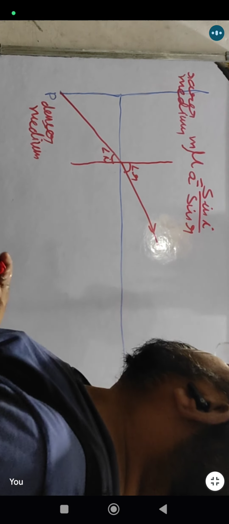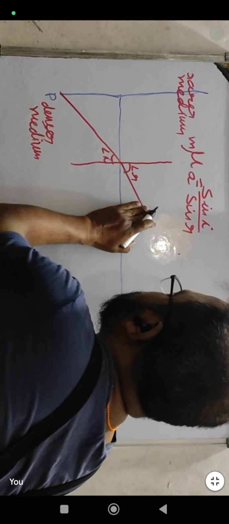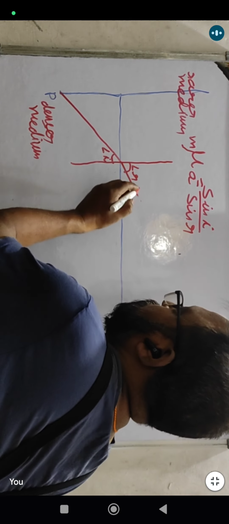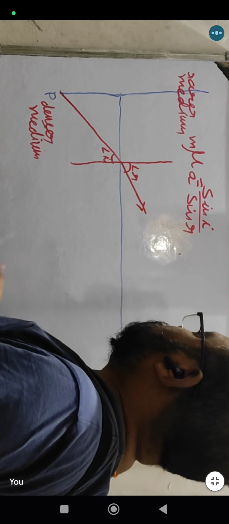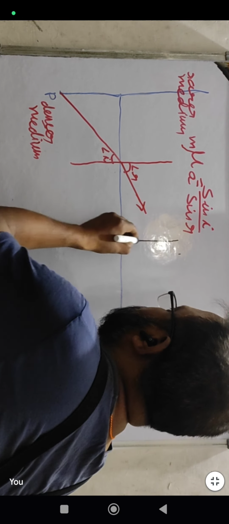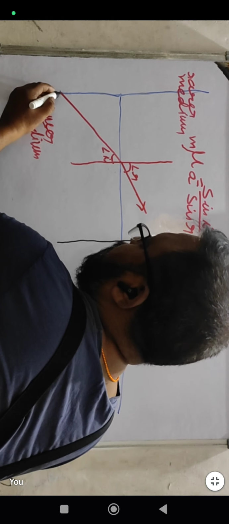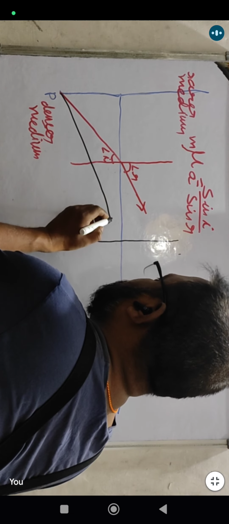Fine. Now, in the second condition, what happens if we take the normal like this? This is the normal, and this is the incident ray.